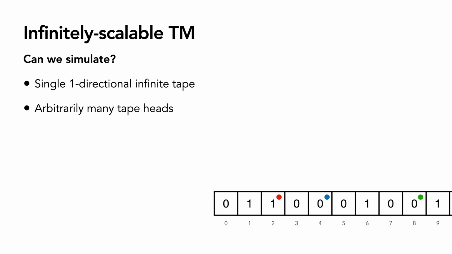Now, if we want to simulate a single step in which we read from the different tape heads, and we write to them, and we transition our state, we can read over the entire tape, and as we're doing that, learn where are the different positions that these tapes are in. And more importantly, what is on the tape there? So where should we be transitioning to?